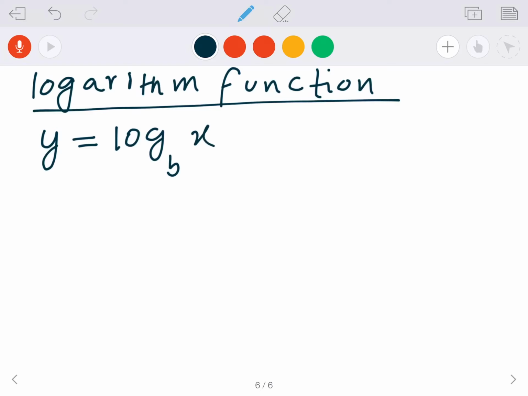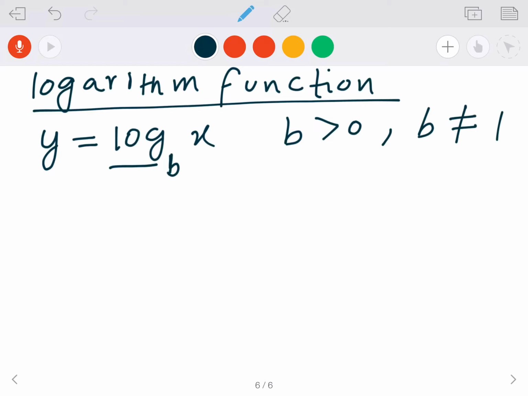We are introducing the thing called log, with the base, whatever the base is, let's say b, and again the b must be greater than 0, and b cannot be 1. All right, same conditions as it was on the exponential function.